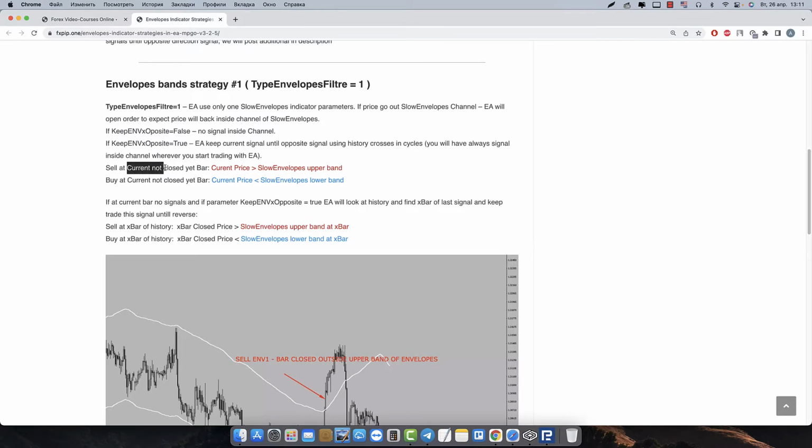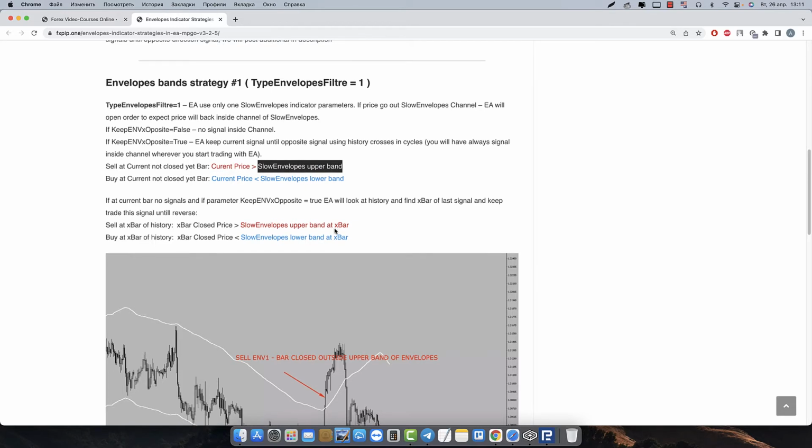It means it will not use the closed price of the previous bar. It will use only the current price, and if it's higher than the upper band you will see a sell signal. If it's below the envelope lower band, you will see a buy signal.